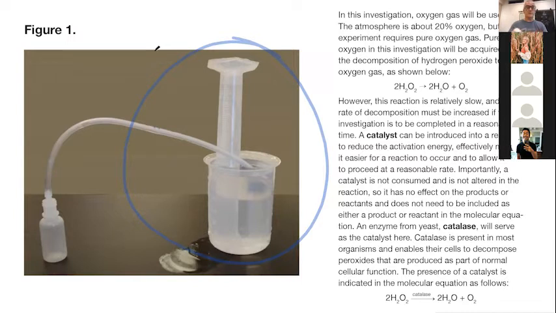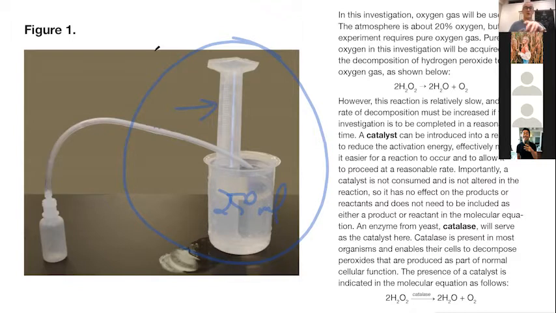So what we want to do is fill our 50 mL graduated cylinder with water. And then we're going to put this tube into it, turn it upside down, and then place the whole thing into our 250 mL beaker, which is also filled with water.